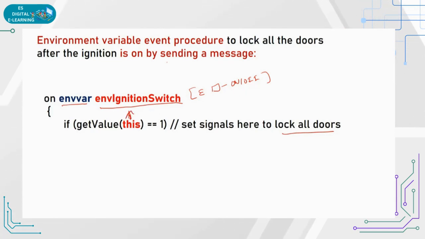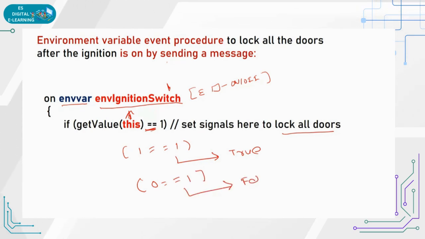If it is a 1, you know this is a comparison. If 1 is equal to 1, it is true. In case the switch is off, 0, then it is not equal to 1, so it will be false. The comparison is done like this in the if condition.